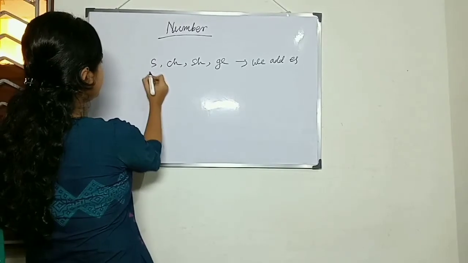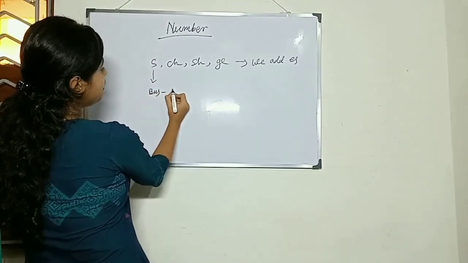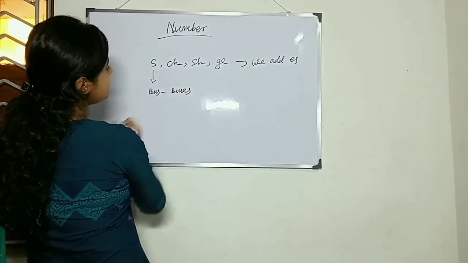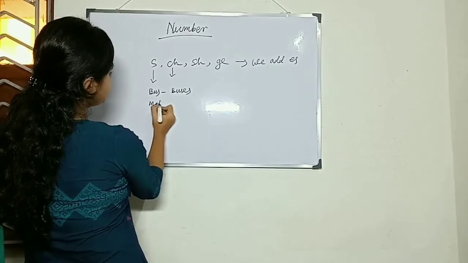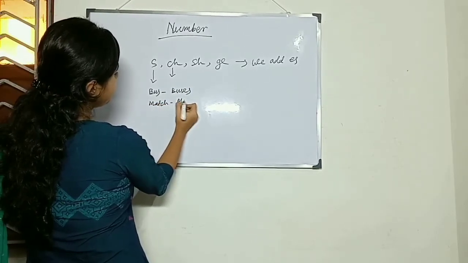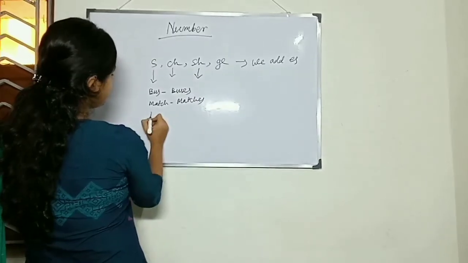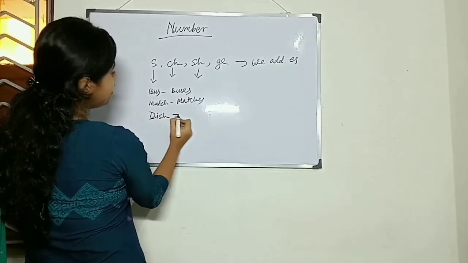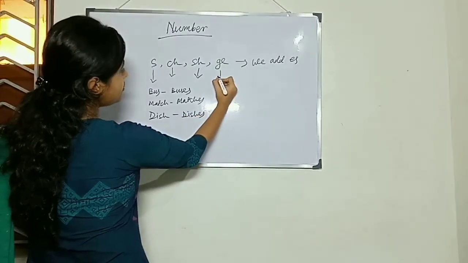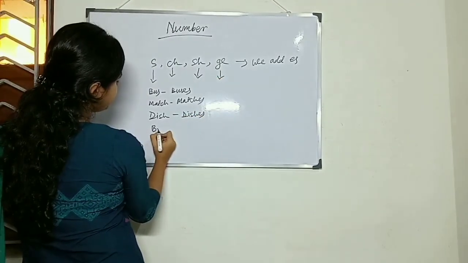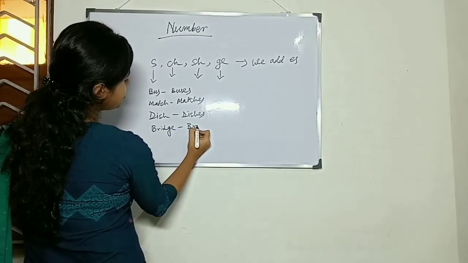For example, S, bus, it will be buses. CH, match, will be matches. Then SH, dish, will be dishes. Then GE, bridge, will be bridges.